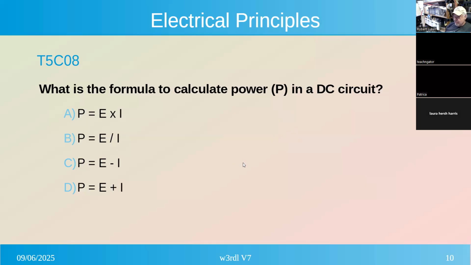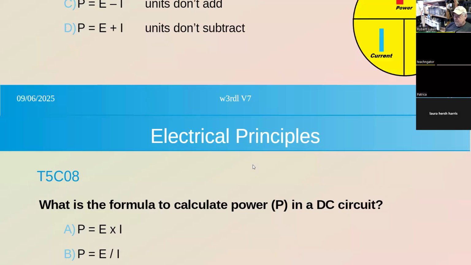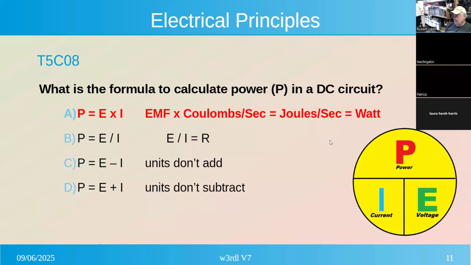I thought it was I over E, so I'm mystified now. Power is current times voltage.